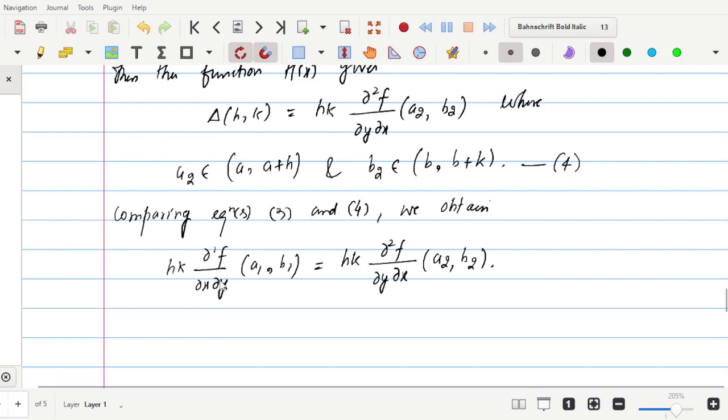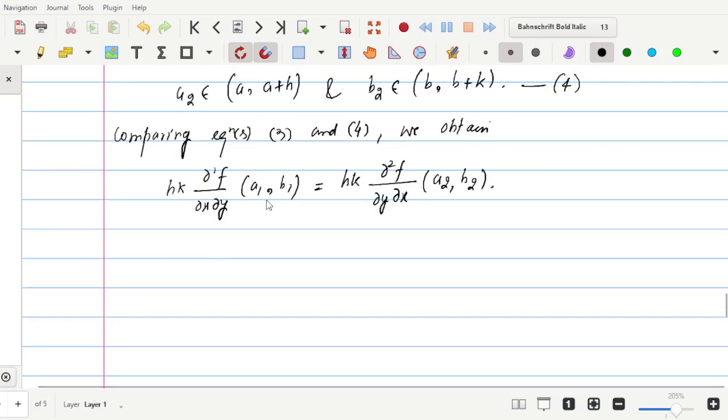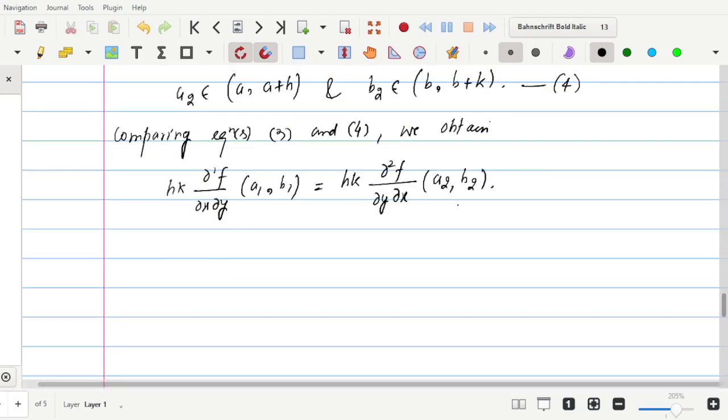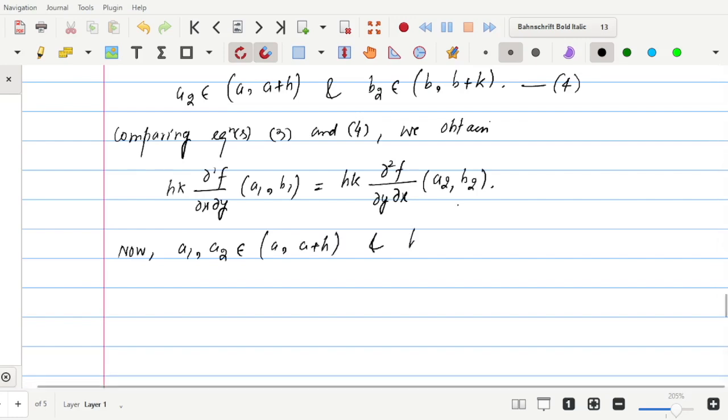But we need the second order mixed partial derivatives to be equal at the point a comma b. Now we have these a1 comma a2. They belong to the interval a to a plus h, and the points b1 comma b2 were chosen from the interval b to b plus k.